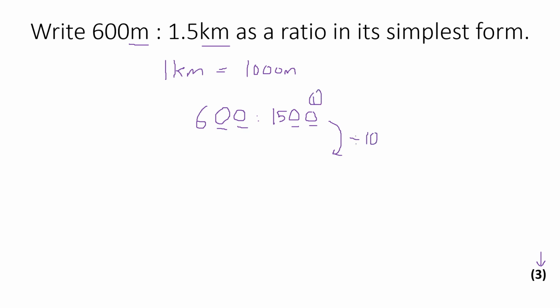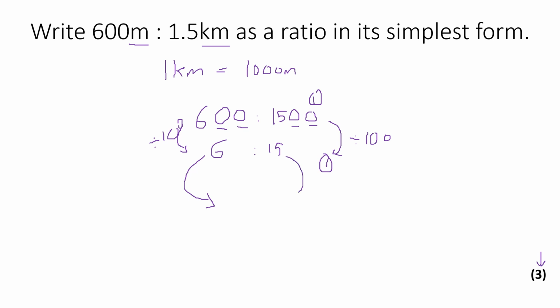Now by dividing both sides by 100, I've then started that simplification process, which has then given me 600 to 1,500, which has now got me that 2nd mark. And then I'm going to look, right, I've got 2 marks now, so I need that last mark.